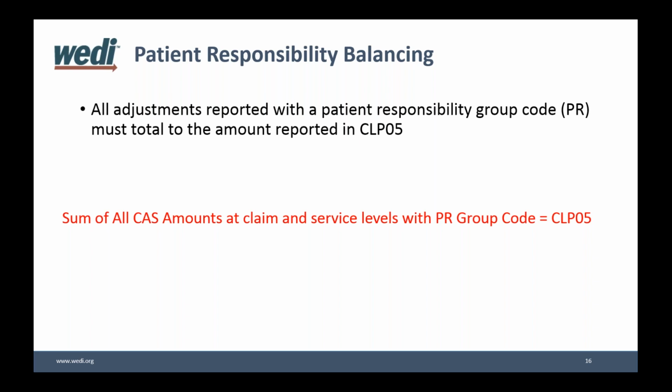So this being their responsibility, either it's been collected, or it will be collected at some point. So it's a very important dollar amount. It's very important that it's accurate and that it is accurately reflected at that CLP05 level. And this would be the sum of all CAS segments at the claim and service level that have that PR group code. Next slide.